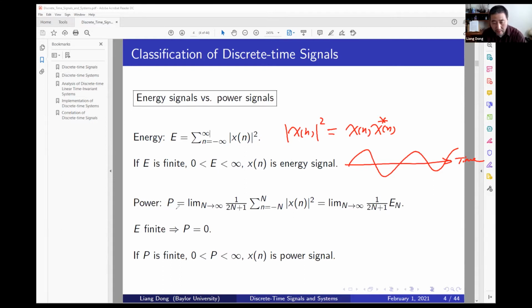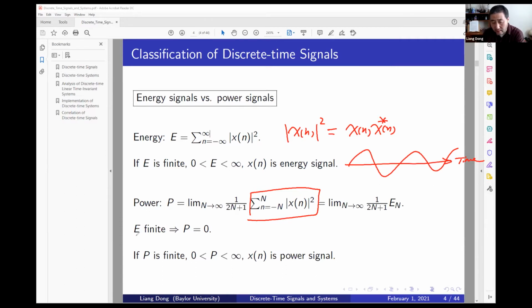The power of a signal, P, is the energy divided by the time span. If you measure the energy only from negative N to N, then divide by the time span, which is 2N plus 1, the power for the entire signal is found as N approaches infinity.